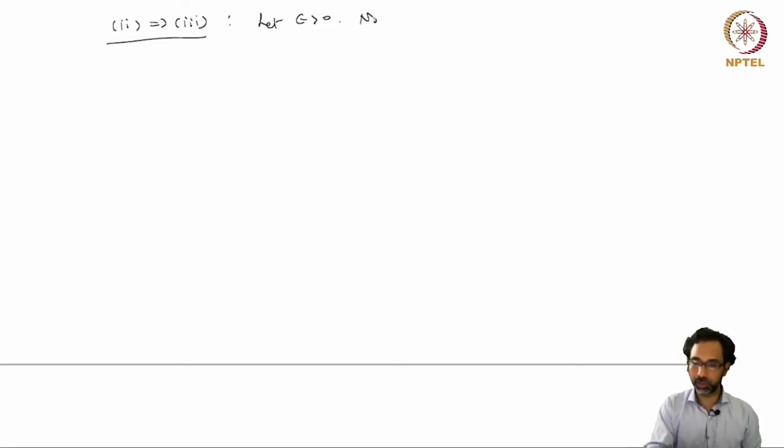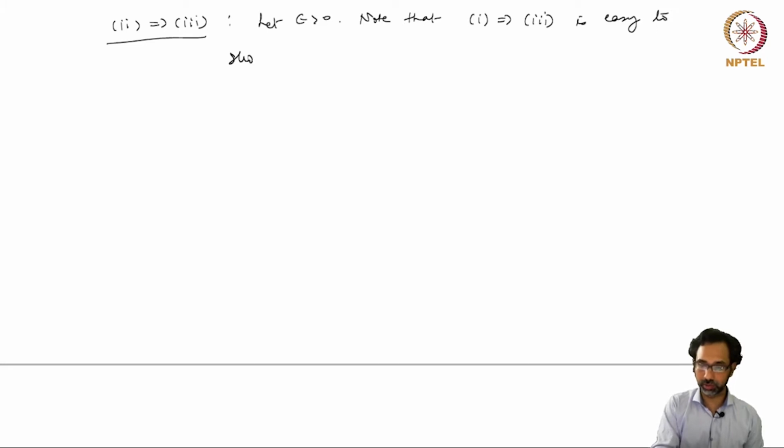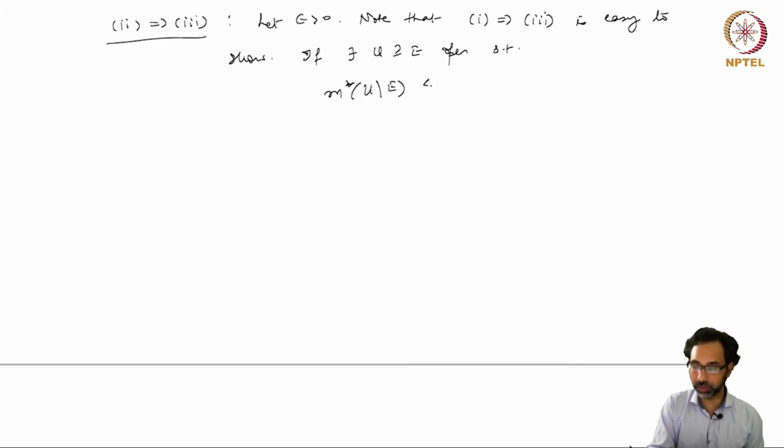Now note that 1 implies 3 is quite easy to show, because if we have an open set U containing E such that m star of U minus E is less than or equal to epsilon, then this implies that E is Lebesgue measurable.